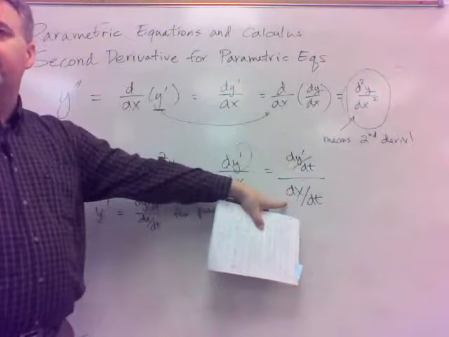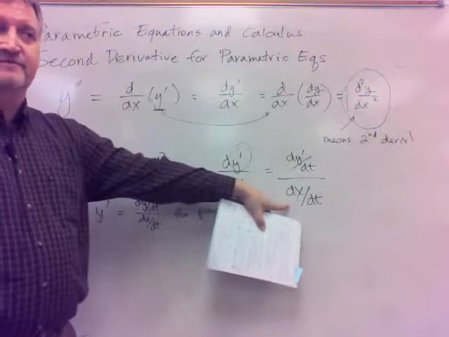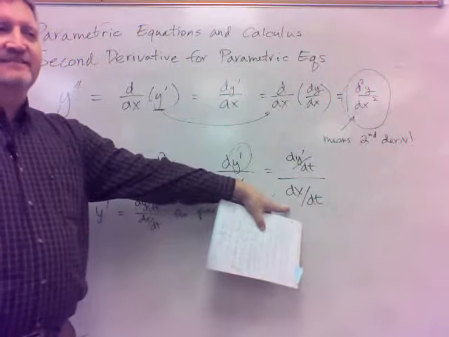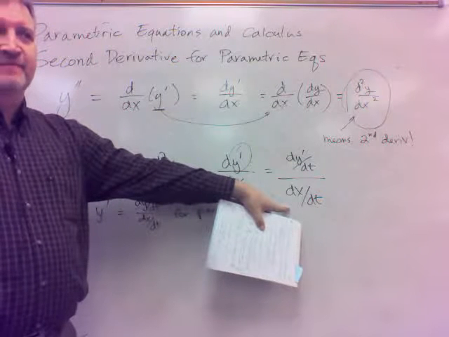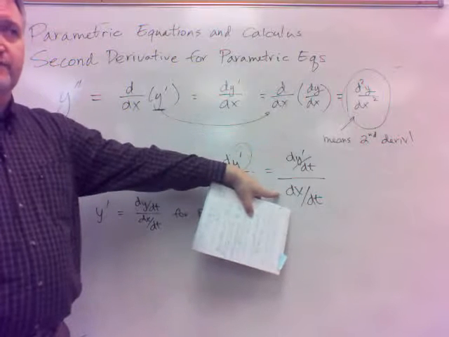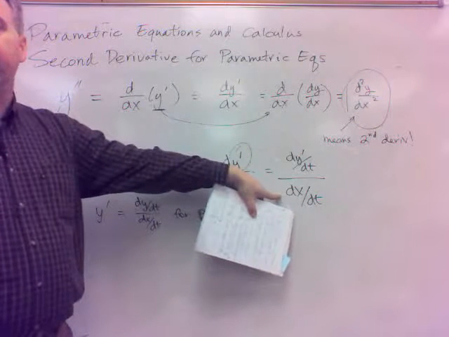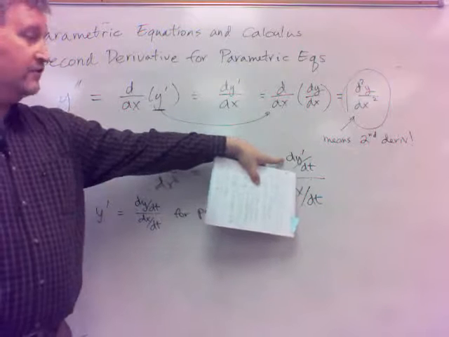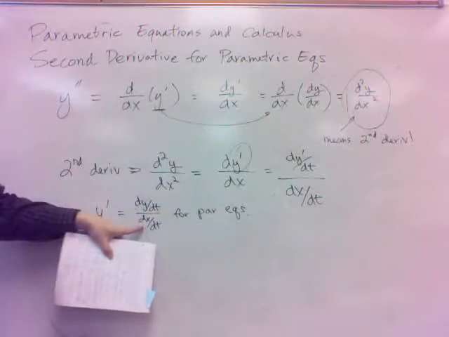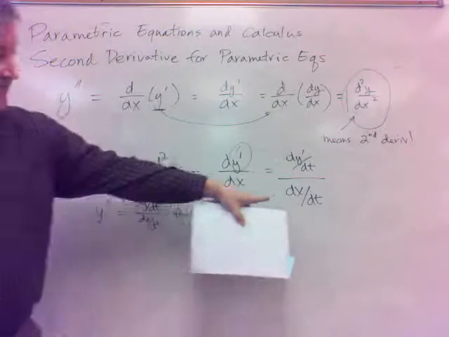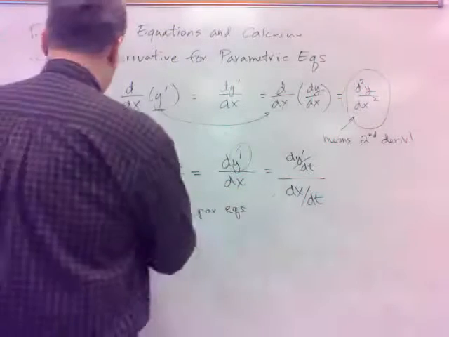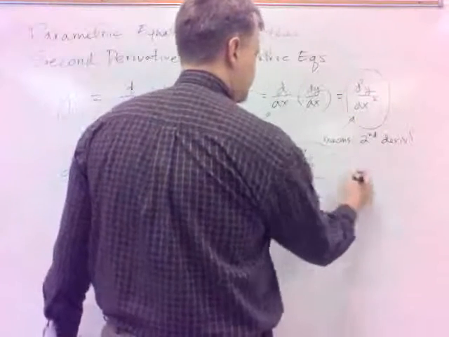And then this is the derivative of x with respect to t. It's kind of complicated. This is the derivative of the derivative. And then this is the derivative of x with respect to t again. You'll see how it goes. Okay? But note here, for parametric equations, this is the second derivative.